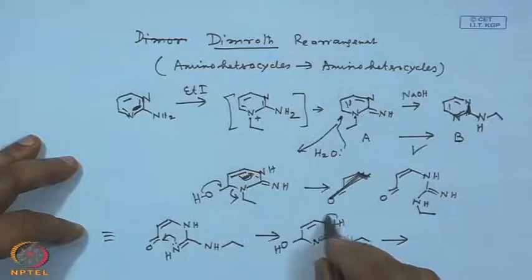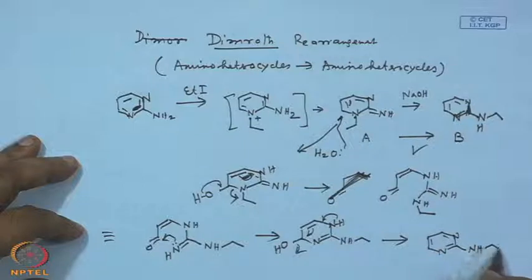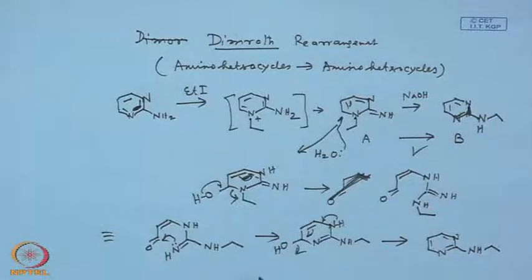And then, loss of water. So, the product would be the pyrimidine of course, and now the side chain is ethylated. Initially the ethyl group was placed at the ring nitrogen, now it is at the side chain.